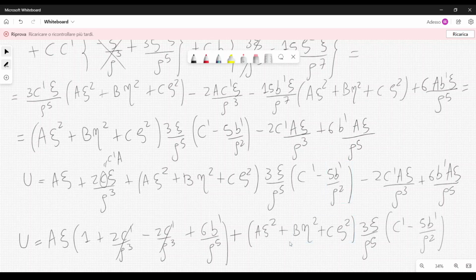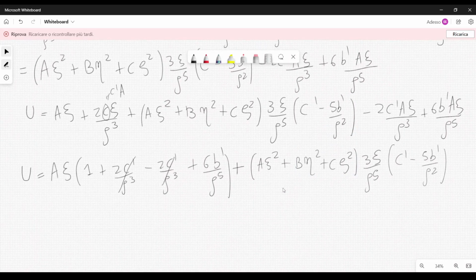And then we also have to impose the condition u of rho equal to r equal to 0. So when rho is equal to r, this must be equal to 0.